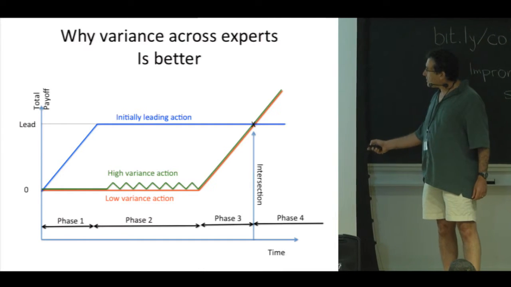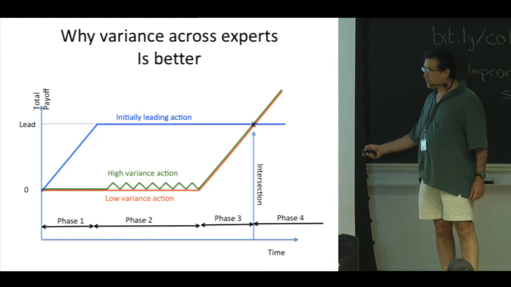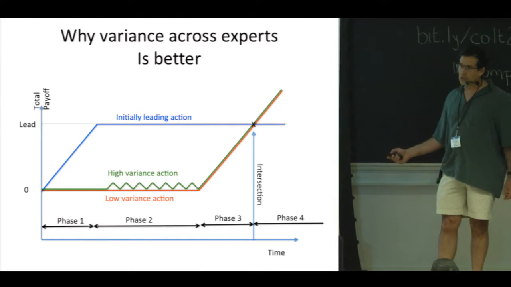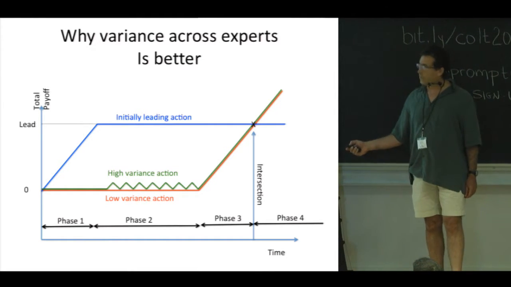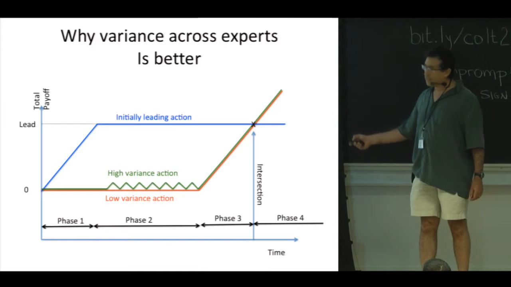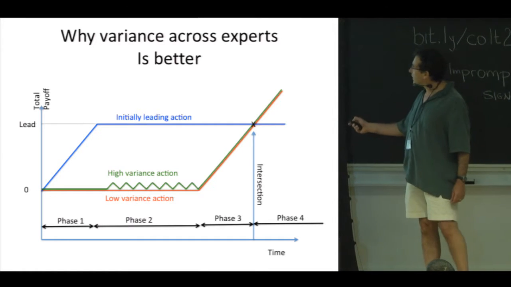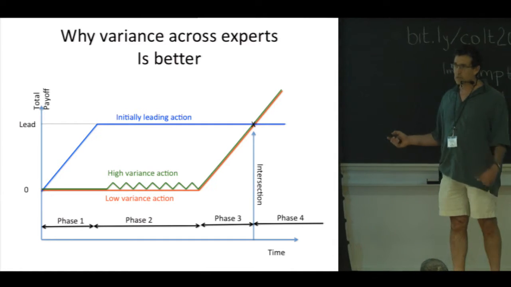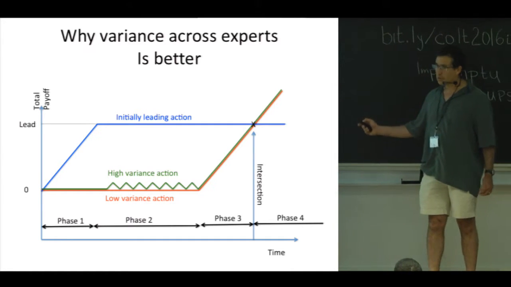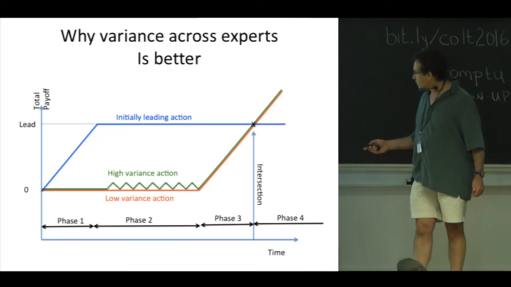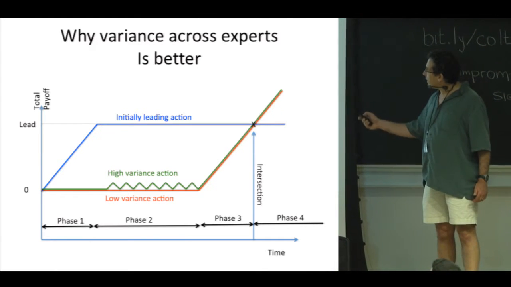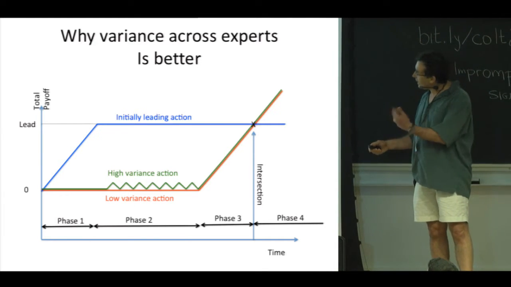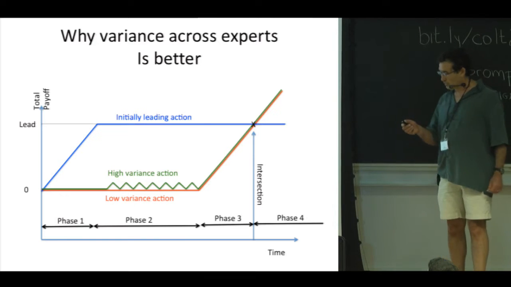Is it relevant that it had a large variance back here? It shouldn't be very relevant, because nobody paid attention to it. Really, the only thing that is relevant is that they crossed, and they crossed once, and so you pay something for that crossing. That's why I trust more the other type of variance.